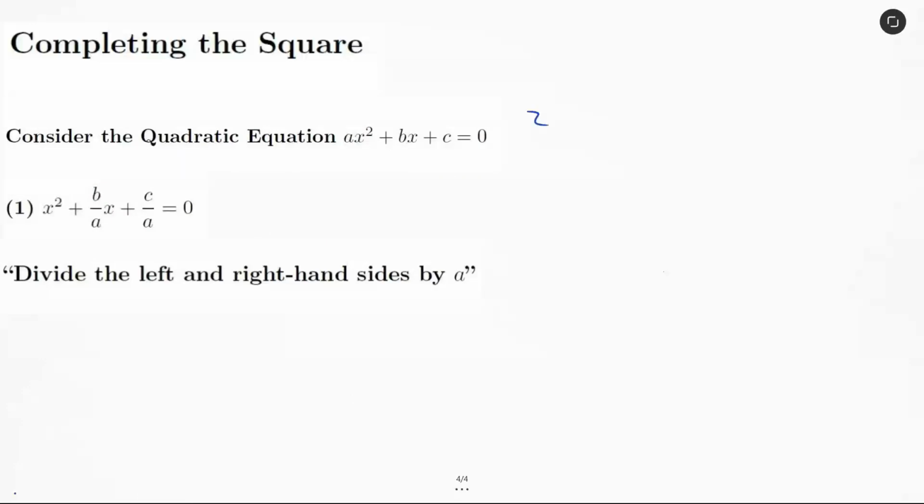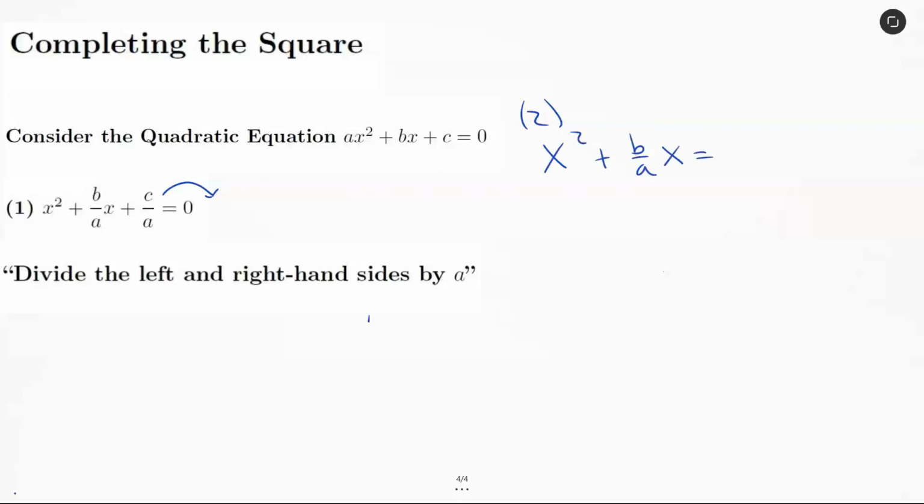Now step 2 will be to move the term c over a to the right hand side. So your mantra will be move c over a from the left to the right side, making it negative. So you physically want to think about moving it from the left hand side to the right hand side.